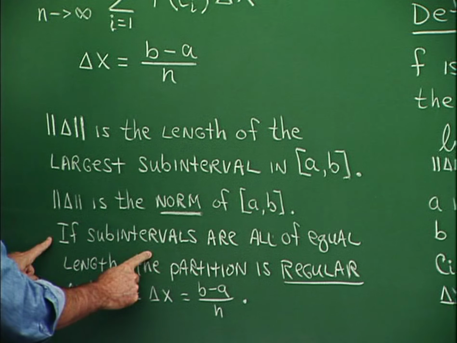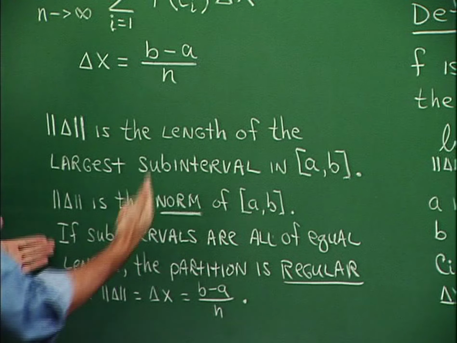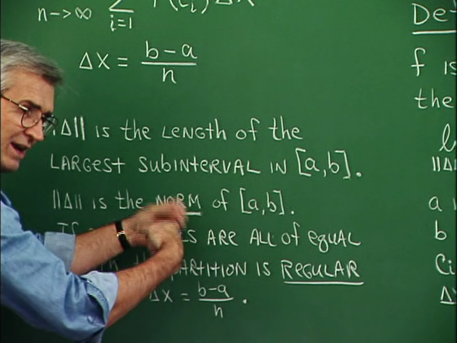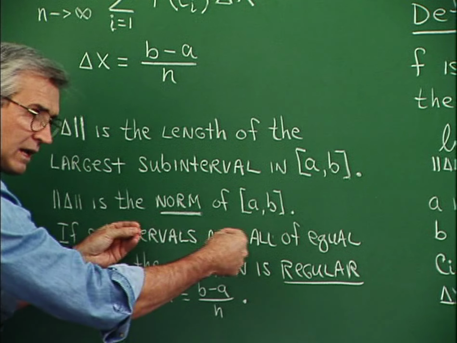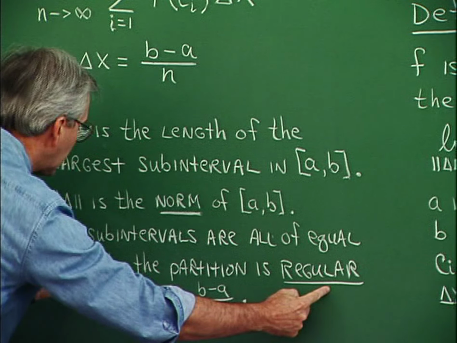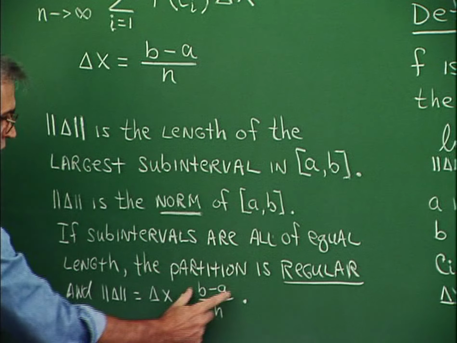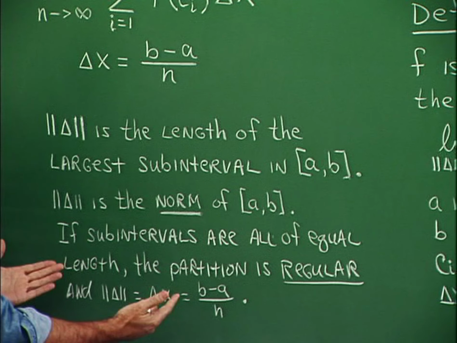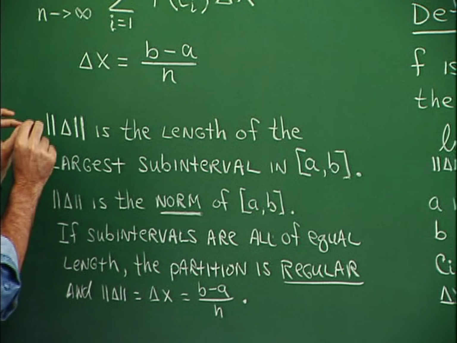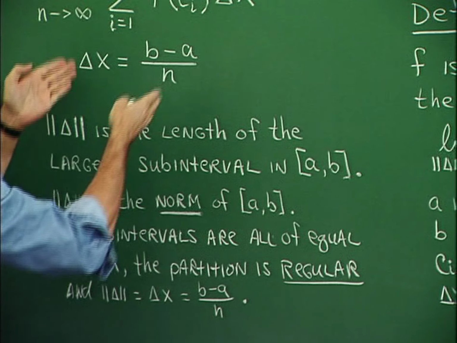If those subintervals are all of equal length, that is, they're all delta x's as we have had before, then the partition, the separation within the interval a to b, is said to be regular. So the partition is regular, and the norm is really just delta x, which is calculated as (b minus a) over n. So this idea of the norm just allows us to expand this definition for summation just a little bit.